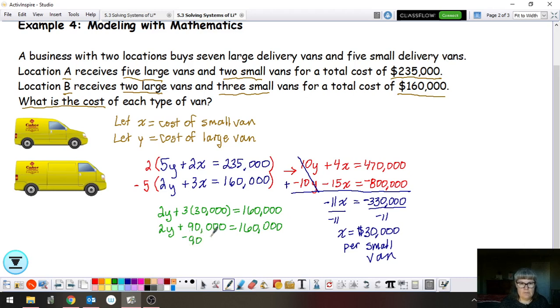Subtract the 90,000. We have 2y equals 70,000. Divide by 2. And y ends up being $35,000 per large van.